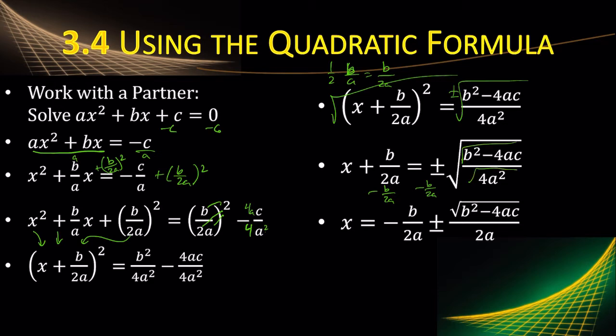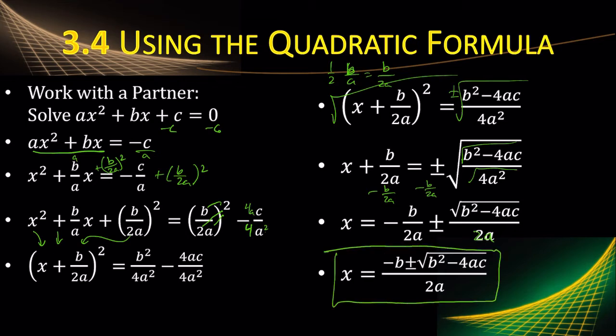But the square root of the bottom, square root of 4 is 2. The square root of a squared is a, so that's why it's 2a on the bottom. And then I could combine that fraction into 1 and end up with that answer. X equals negative b plus and minus the square root of b squared minus 4ac all over 2a.